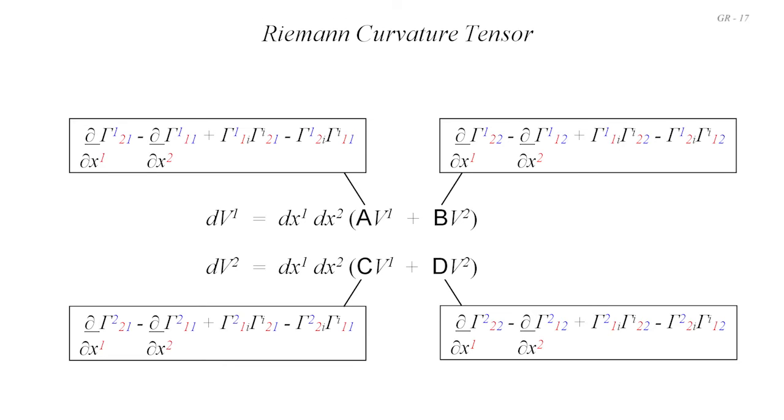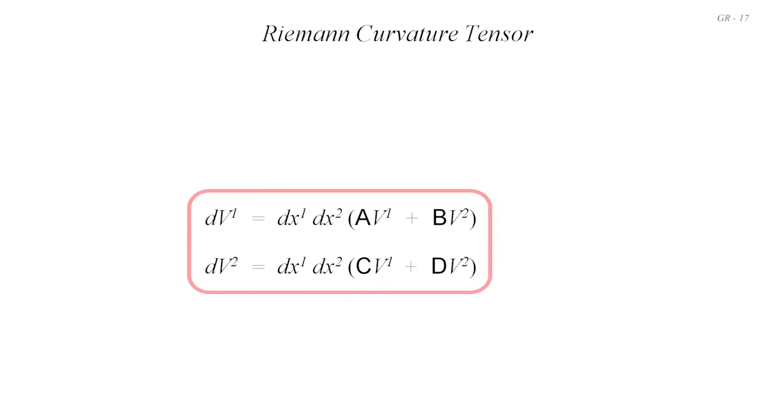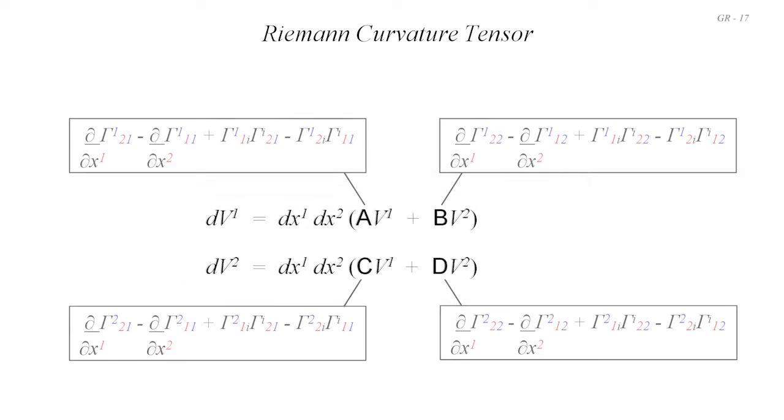And that's how we will upscale from these 2 dimensions to the Riemann Curvature Tensor for 4-dimensional space-time. Assuming therefore that the principles of what we've just done are fairly clear, let's try to hold on to the simplicity of the basic equations for dv1 and dv2 and accept the expressions for the values of a, b, c and d, and then build from there.